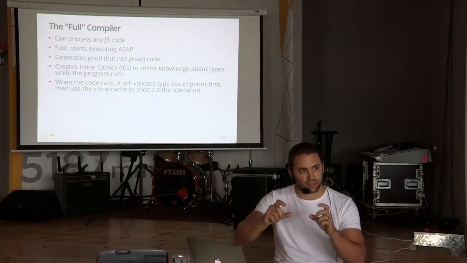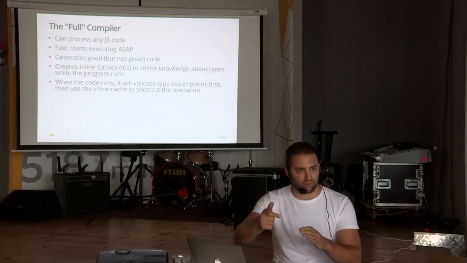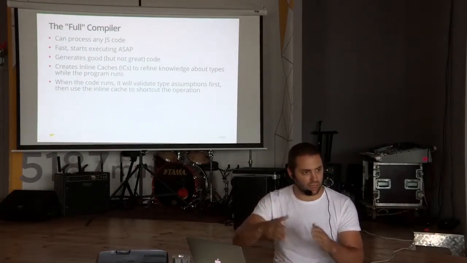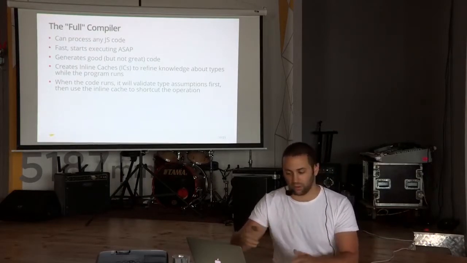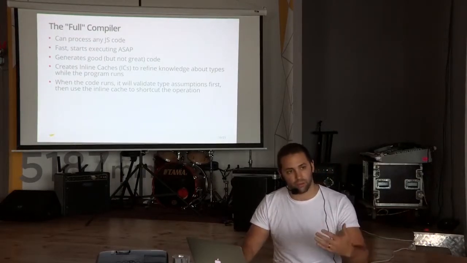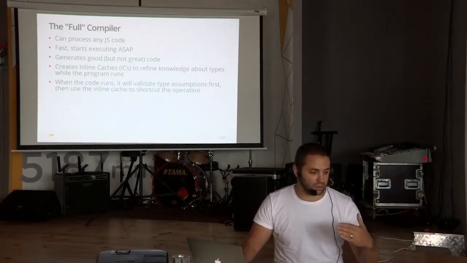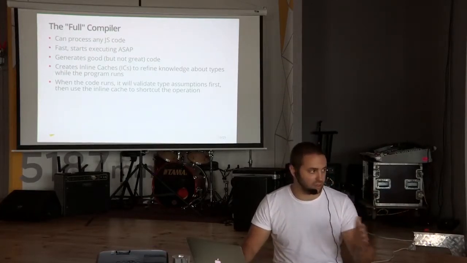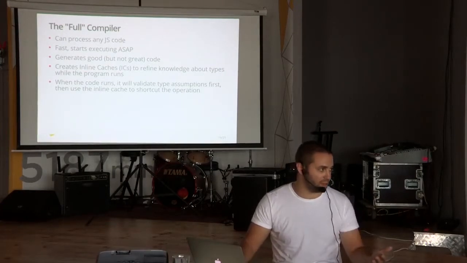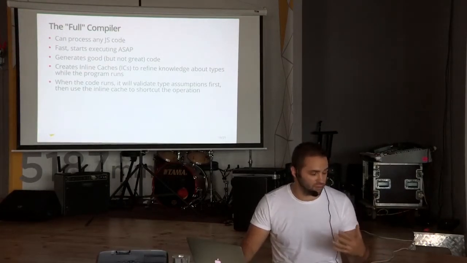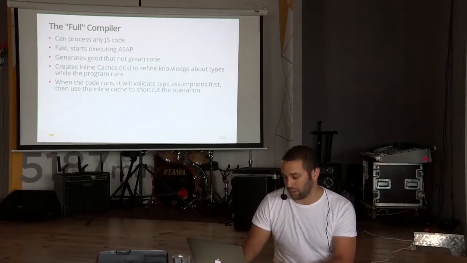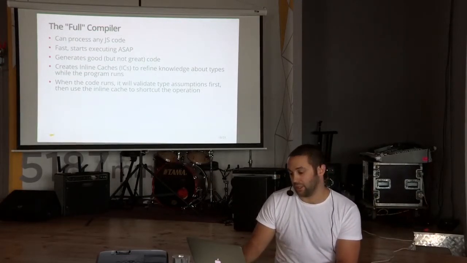So it marks there, hey, this function was called this many times, and I got 2 integers as parameters. So later on, it has some knowledge about this function. It knows that it's called this many times, and that it gets integers as parameters, which is very important information in order to compile it efficiently.